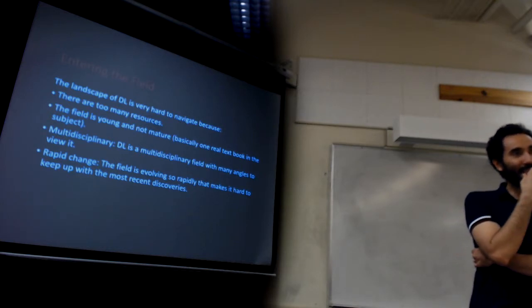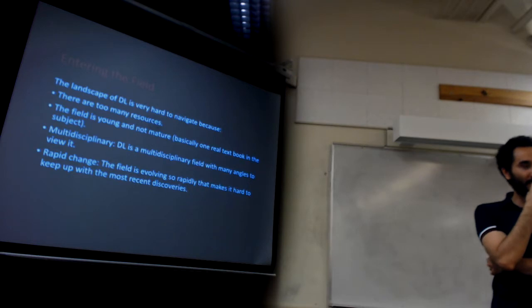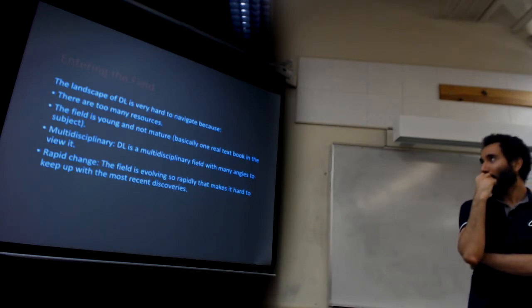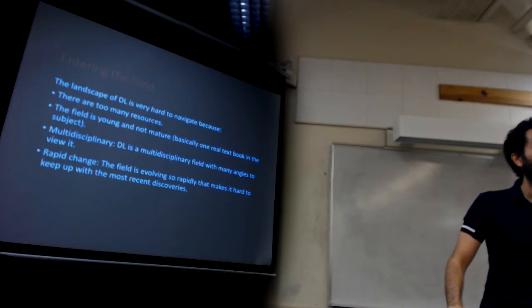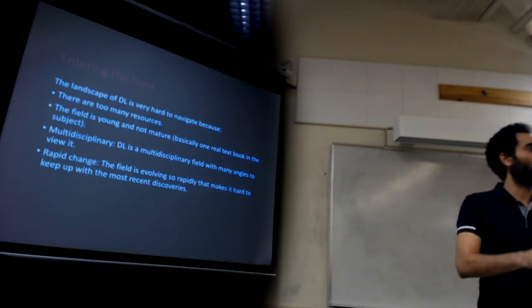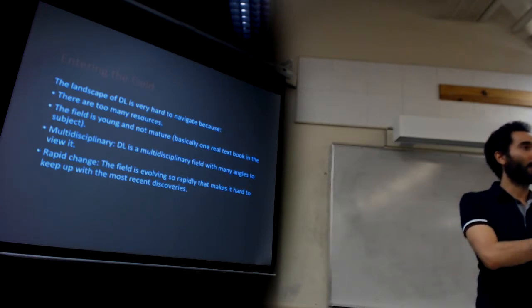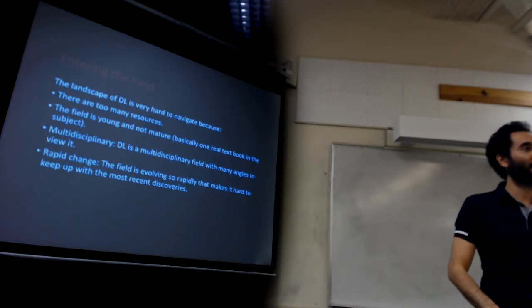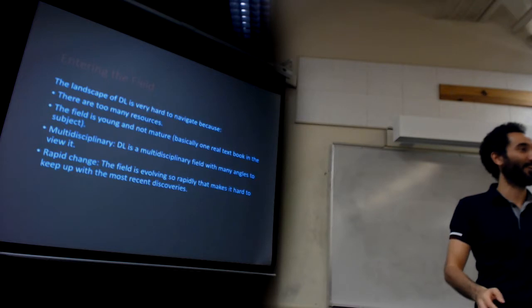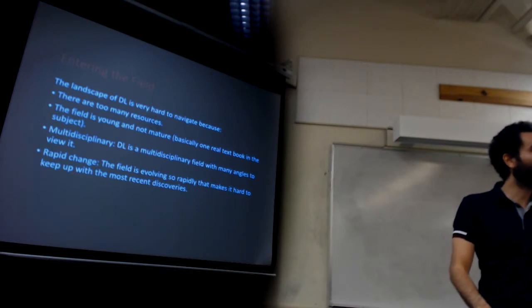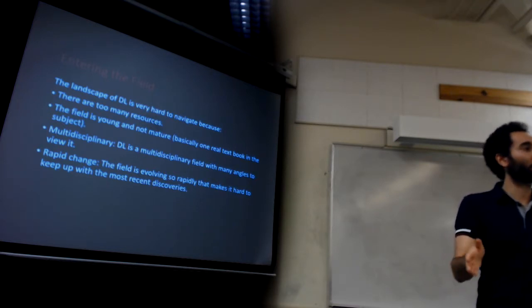And there are a number of reasons. First of all, there are too many resources, right? There are online courses, books, articles, and if you just search deep learning, it's everywhere nowadays. And it's quite hard to know which is the right direction to go, where to start, what is the best thing to read.